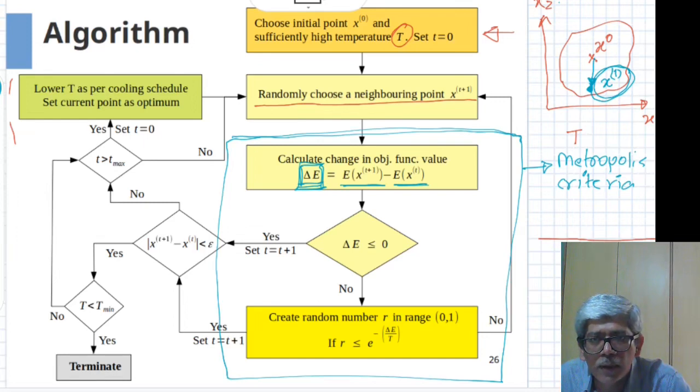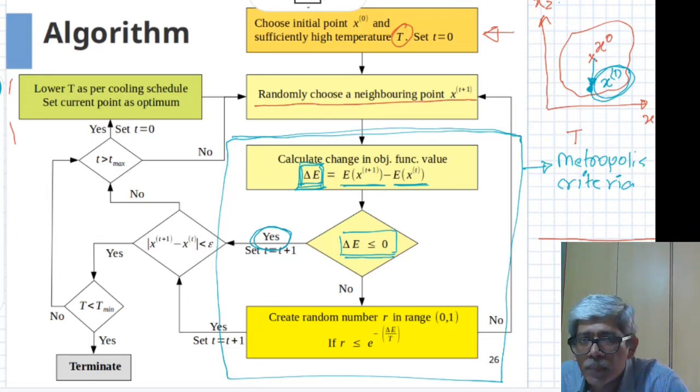If it is a minimization problem, obviously this is a good thing, that your new point has lesser objective function value or lesser energy value. So if the new point has a value smaller than the earlier one, that gives delta E equal to a negative value, less than 0. In that case, that point will be selected. This is an obvious thing; there is nothing new in this case. That will happen in the conventional routine also.